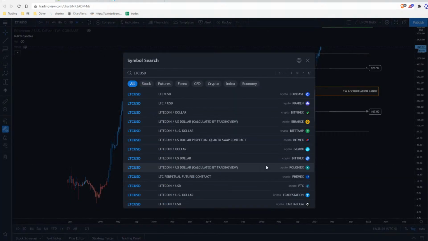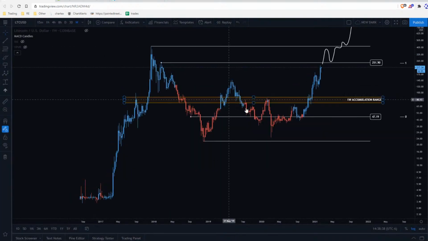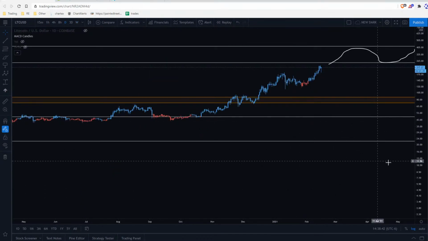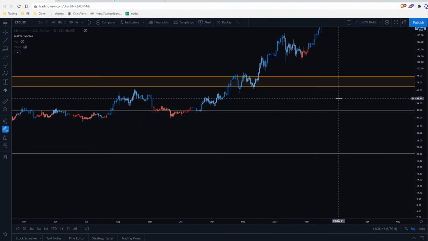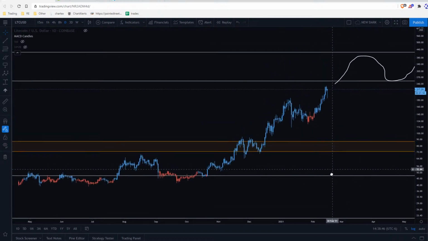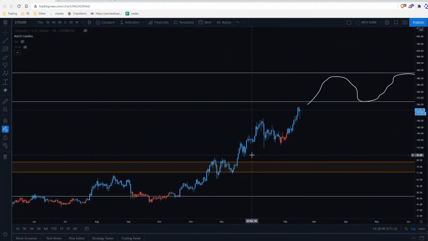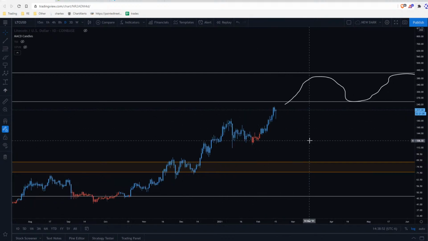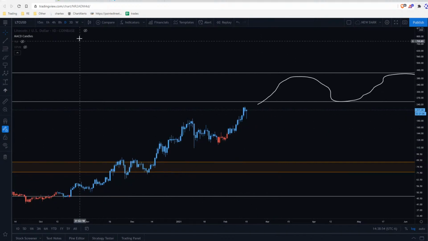Let's go back to Coinbase Litecoin, and we'll look at lower time frames here. It looks just like Bitcoin, honestly. It's kind of crazy, the similarities.